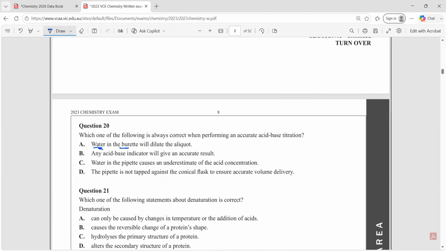Water in the burette would dilute the aliquot. Always correct. Any acid-base indicator will give an accurate result. That is wrong. Water in the pipette causes an underestimate of the acid concentration. The pipette is not tapped against the conical flask.